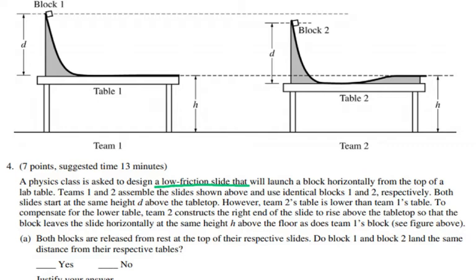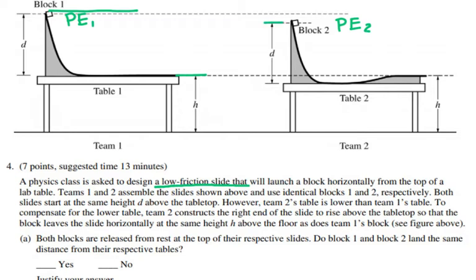But what you can do is look at the potential energy of the first block and the potential energy of the second one. The potential energy between where the block is starting and where the block is ending is greater for the first table.